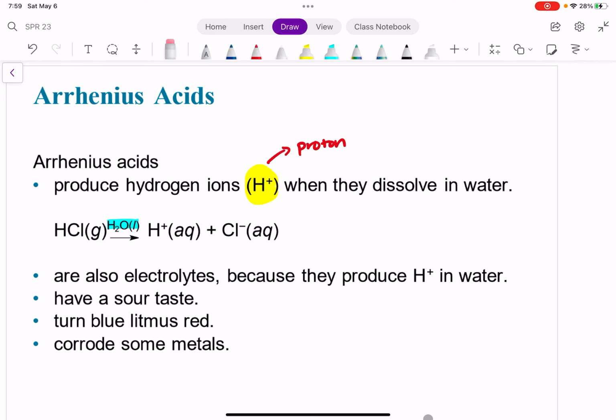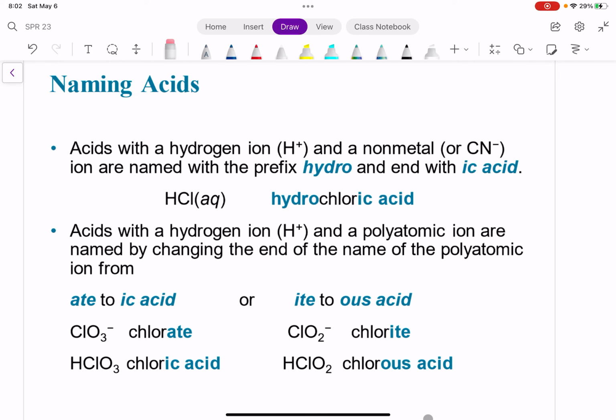So how do we name acids? Acids with a hydrogen ion, H+, and a regular nonmetal, or cyanide, which is one of the exceptions, are named with the prefix hydro and the ending ic acid. So hydro goes in front and ic acid goes at the end.